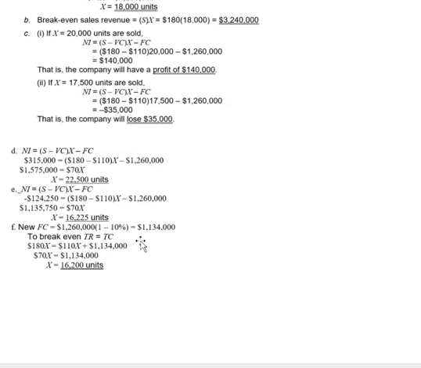The 180x equals 110x plus the new fixed cost of 1.134 million. You move your 110x to the other side, it gives you your 70x, just like all the other questions. Divide each side by 70, and then X would equal 16,200 units, and that would be your new break-even.